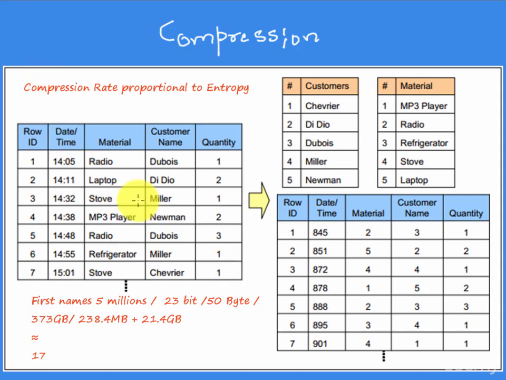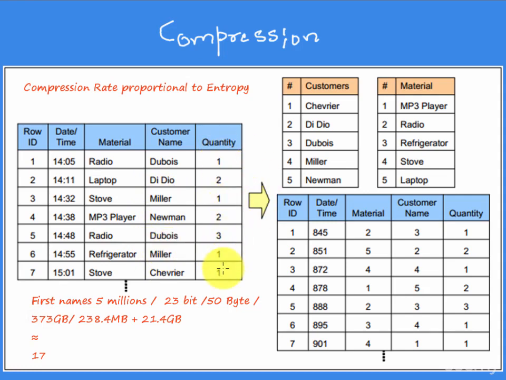What we have to observe is that the material is repeated. For example, radio is repeated here and then here. Similarly, the customer names are repeated as well. For example, Dubios is repeated here and then here. The same goes with Miller. And obviously the quantity will be repeated over a period of time.